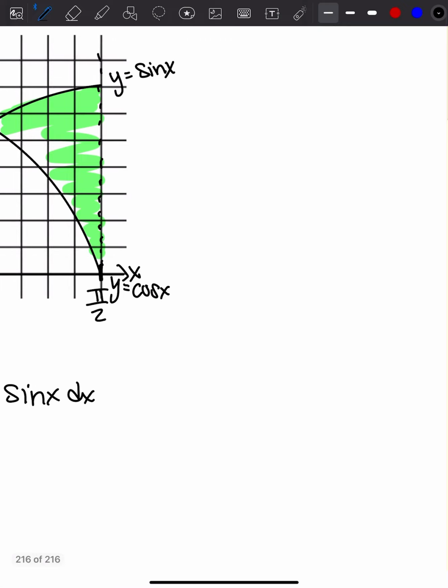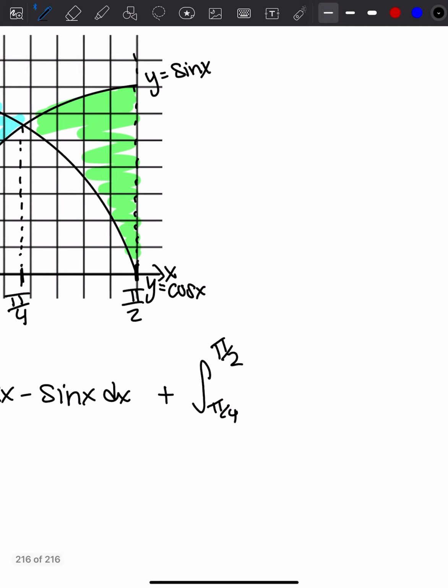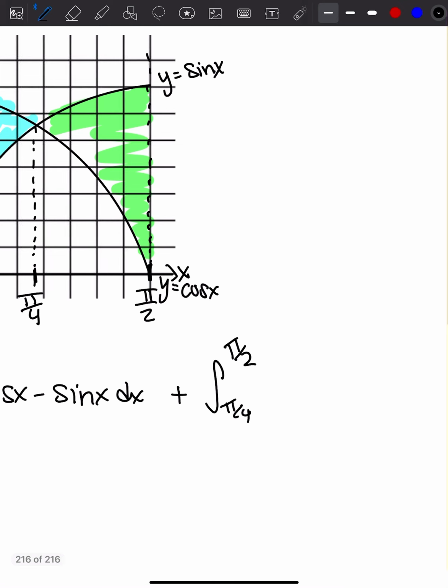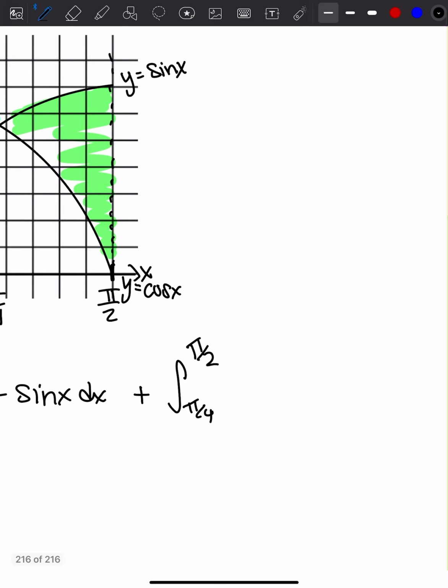This green area, which we're going to add to it, is the area from pi over 4 to pi over 2. And this is the point where we switch which one is on top and which one's on bottom. So I have sine of x being on top and cosine of x being on bottom.